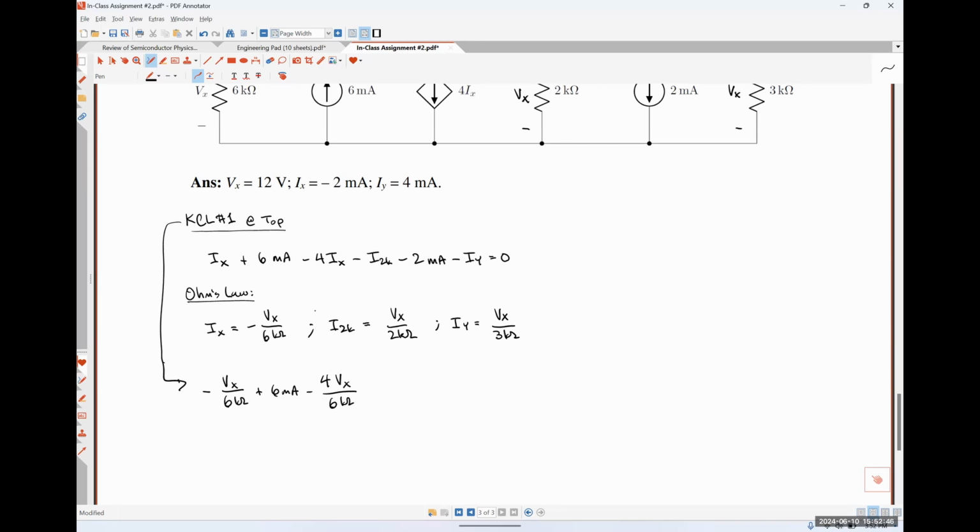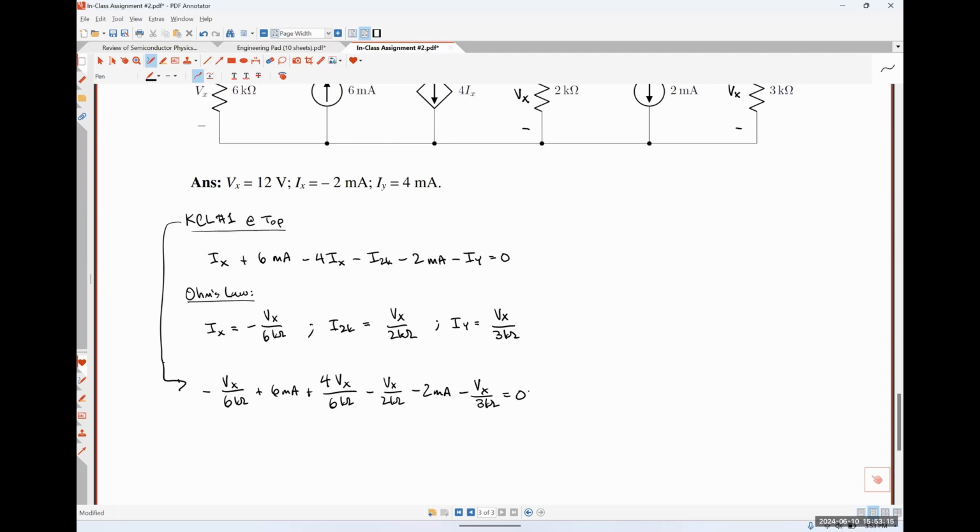But because I have minus and another minus sign, that one's going to turn positive. Then I'm going to have minus Vx over 2 kilo ohms, minus 2 milliamps, minus Vx over 3 kilo ohms is equal to 0. And now I have one equation, one unknown.